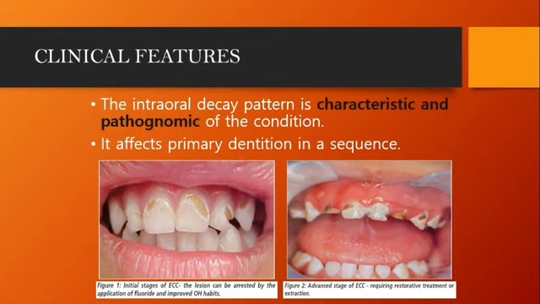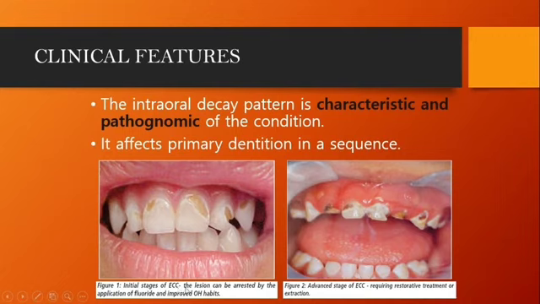Clinical features of early childhood caries: it is characteristic and pathognomonic of the condition. It affects primary dentition in a sequence. As we can see in this figure, the maxillary central incisors, cervical region, lateral incisor, and canine cervical region.